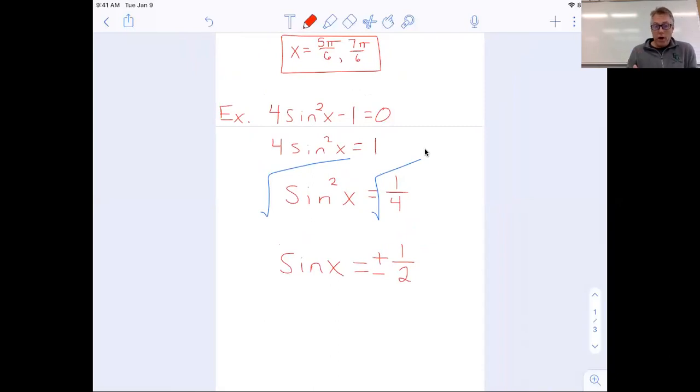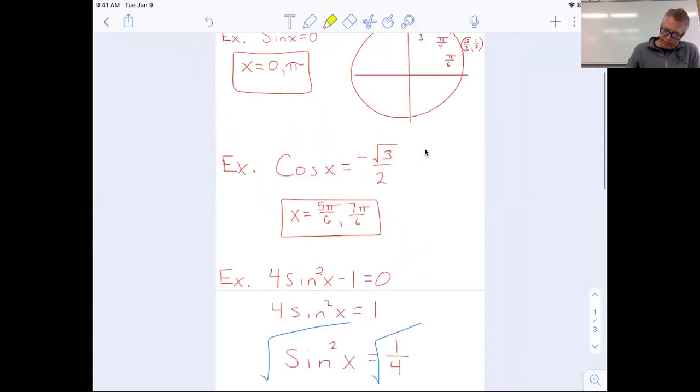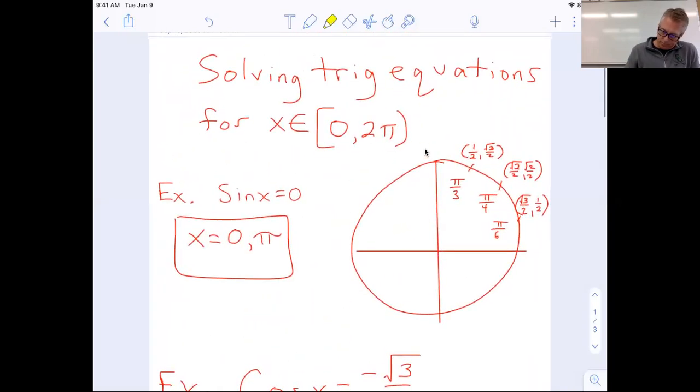Remember, the sine is the y value. So the y value is positive 1/2 here at pi over 6. It's also positive 1/2 here at 5 pi over 6. And it would be negative 1/2 here and here.